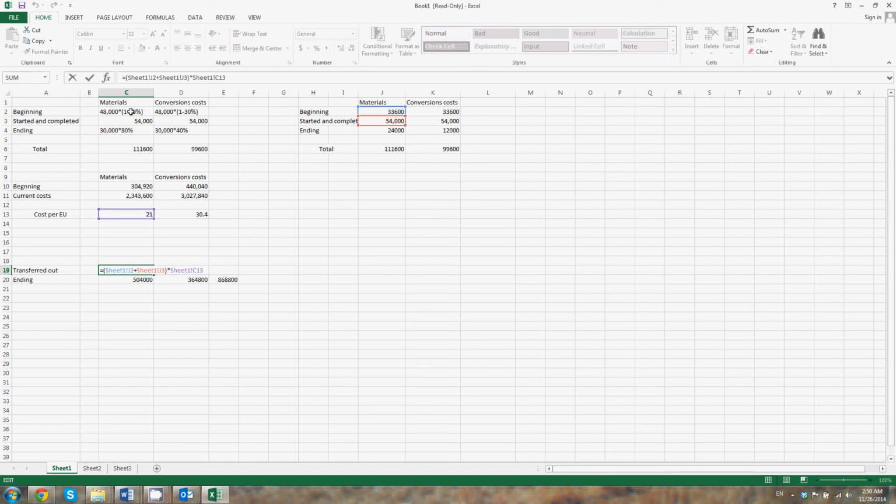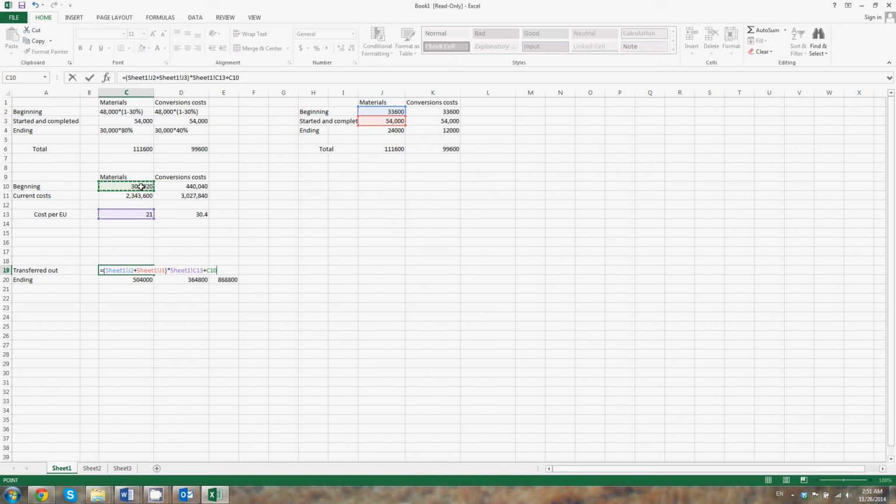We just take into account the 70% of the beginning inventory. We are still missing the 30% carryover from last month. We need to add the carryover from the beginning. Always remember this.